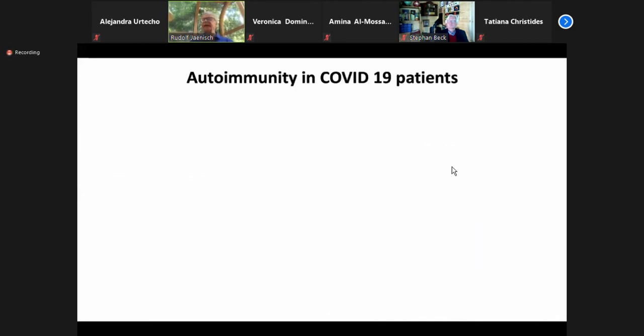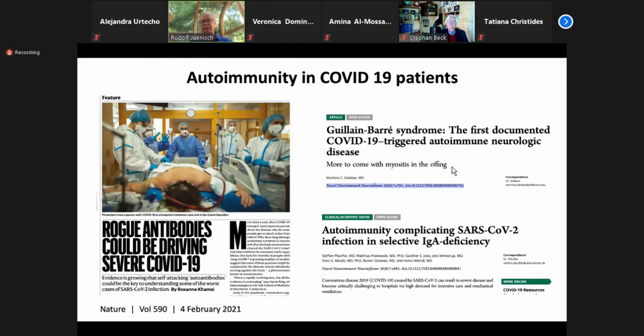So let me come to the autoimmunity issues. As you know, Guillain-Barré is seen as an autoimmune consequence late after COVID infection in quite a lot of patients. And these are a few examples, and there are actually many more.